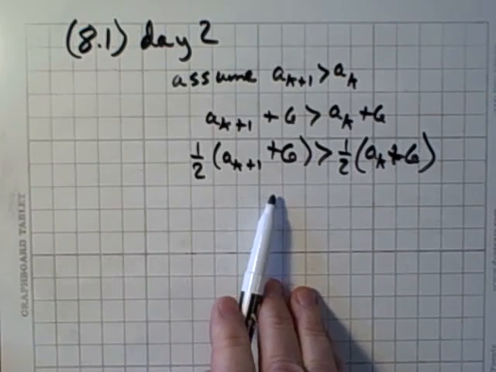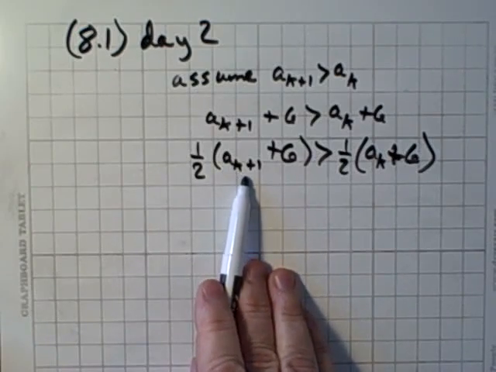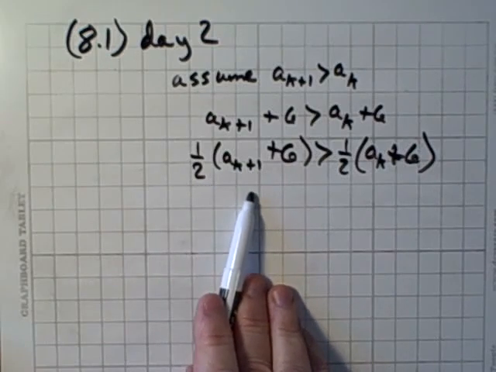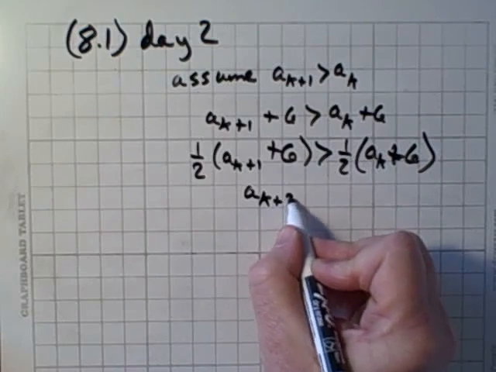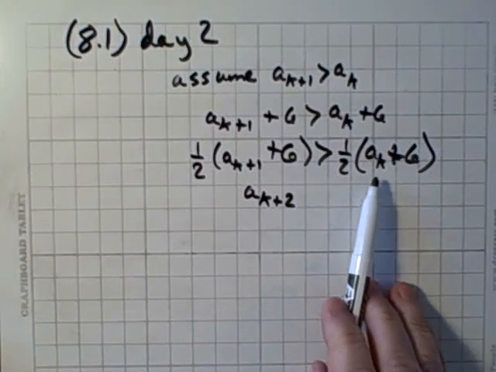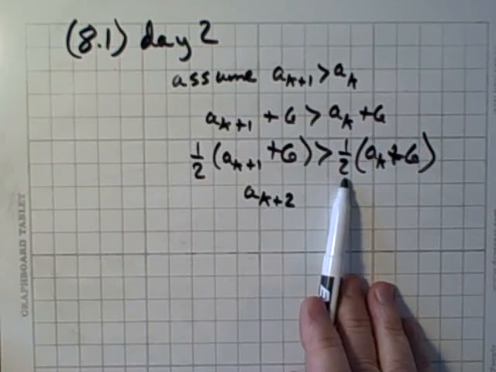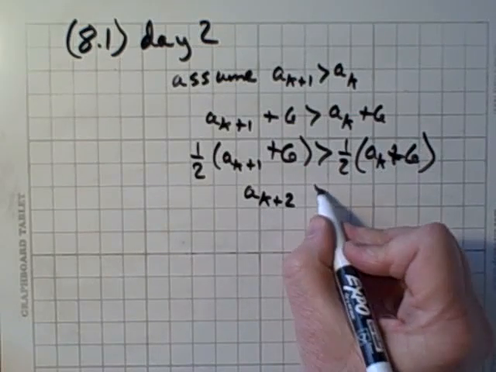And what have we arrived at? Well, this is saying take the (k+1)th term, add 6, and cut it in half. By definition, that's the next term. That is a sub k plus 2. And likewise, if I take the kth term, add 6, and cut it in half, we are applying the recursive formula, and that arrives at the next term.